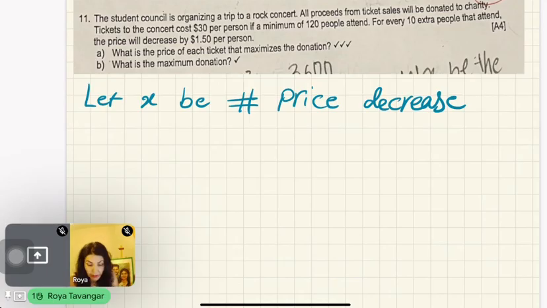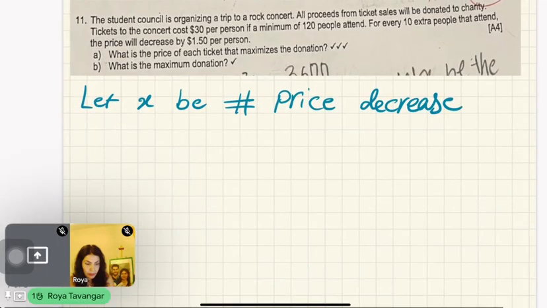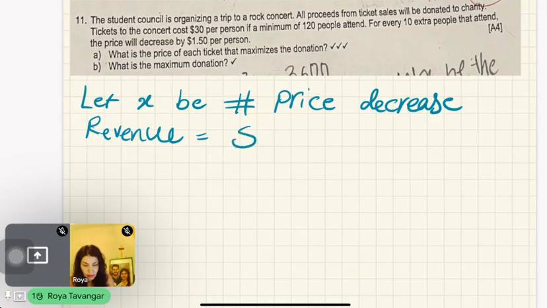And we know that revenue is equal to price multiplied by the number of items that we sell.